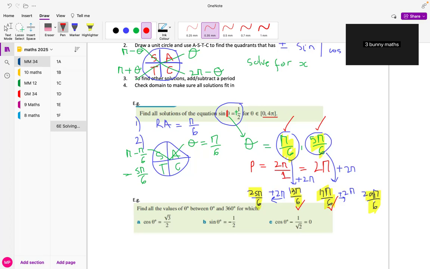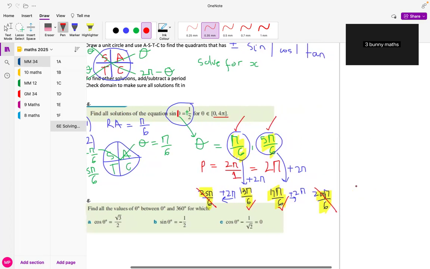That's over 4 pi, so that doesn't fit in. And 29 pi over 6 doesn't fit in either. So you end up having 4 solutions, which are the ones that I just ticked off. Okay, so in the answer for this question, you list them out as pi over 6, 5 pi over 6, 13 pi over 6, and 17 pi over 6.